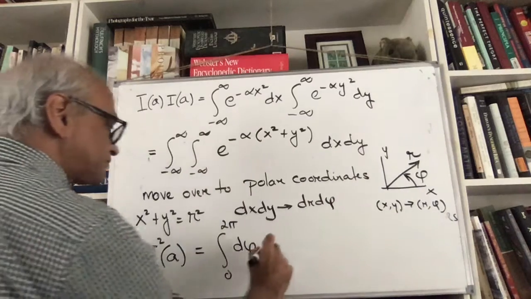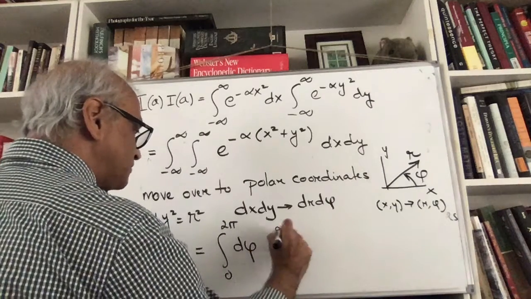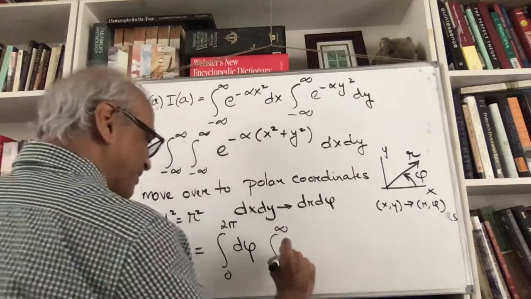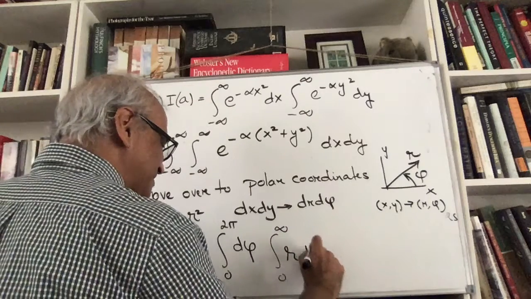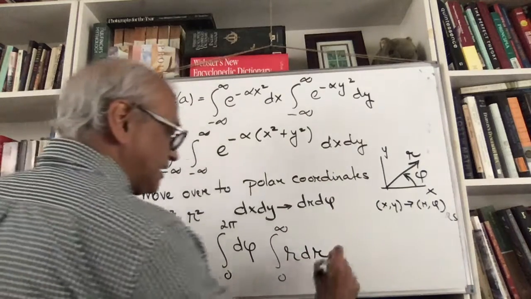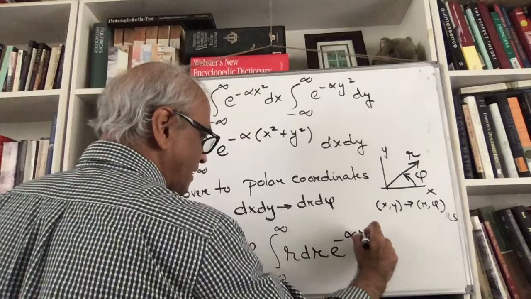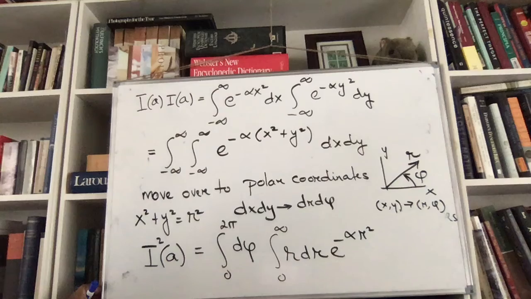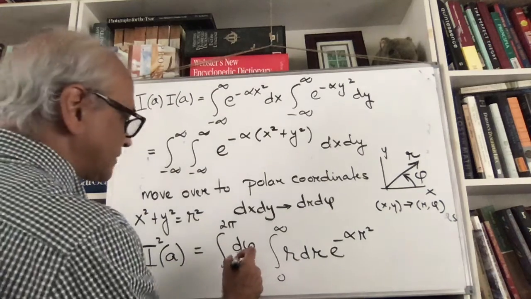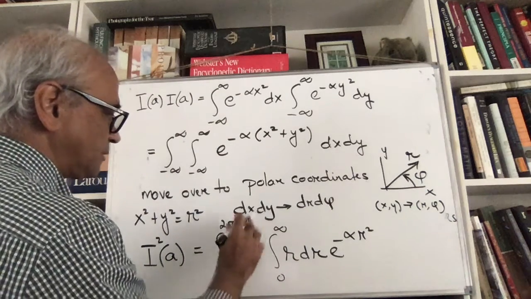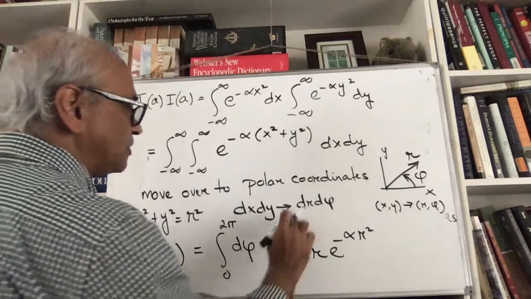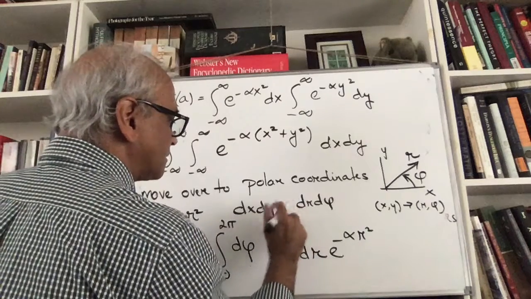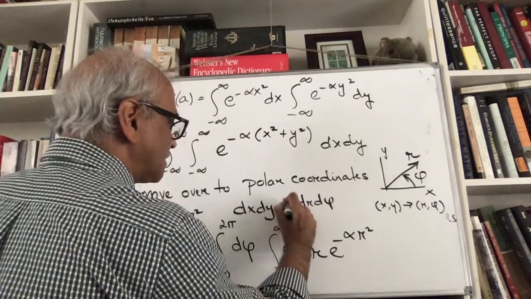And then your r goes from 0 to infinity forever, right? r dr e to the power minus alpha r squared. Okay? So what we are doing here is going from dx dy to, beg your pardon, this would be r dr, right?